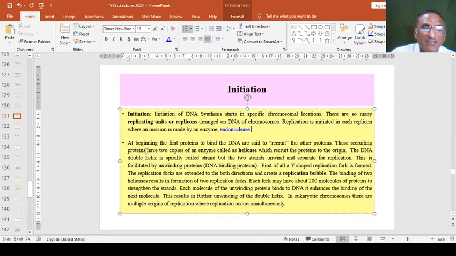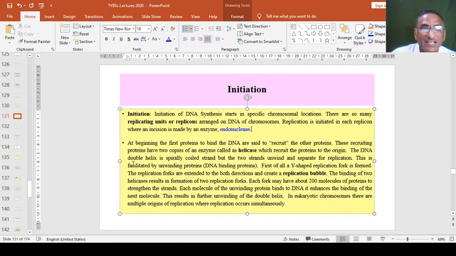At the beginning, what happens? The first proteins to bind the DNA are said to recruit the other proteins. These recruiting proteins have two copies of an enzyme called helicase, which recruit the proteins to the origin.